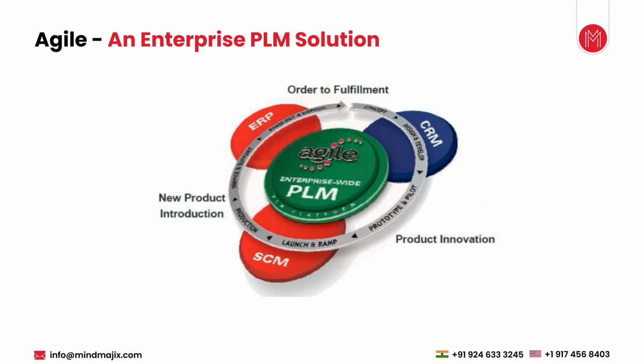So Agile PLM can involve ERP, CRM, and SCM, which are three main components to run a business or to have an end-to-end life cycle for any product.